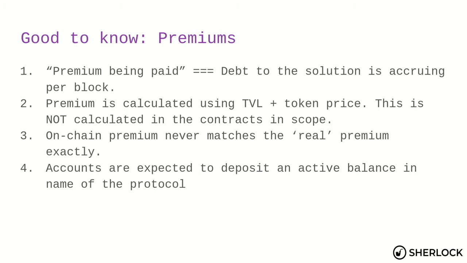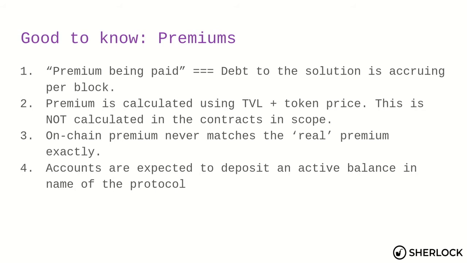The premium is calculated using the TVL, the total value locked in the protocol, plus the price of the token they pay the premium with. The outcome of this calculation is not calculated on chain. It's expected as a parameter in the function. So this calculation is not in scope.